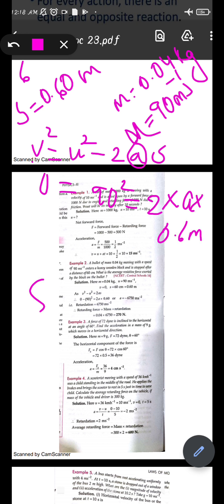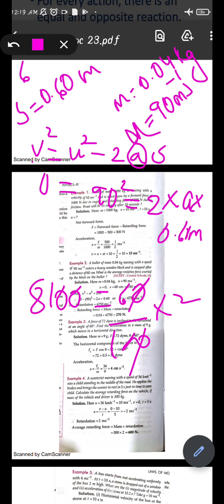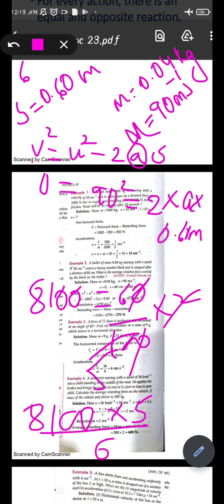So 90 squared will be 8100, which will be equal to 2 into 60 upon 100 into a. Zeros cancel. Now 5 will be multiplied: 8100 into 5 upon 6 equals the acceleration.